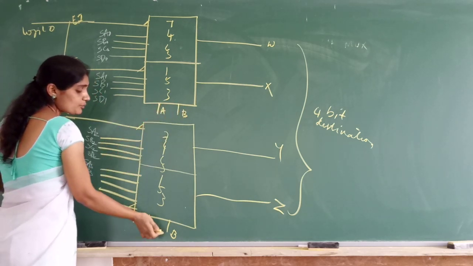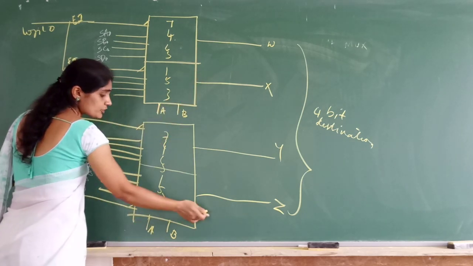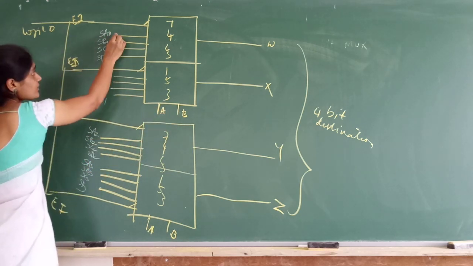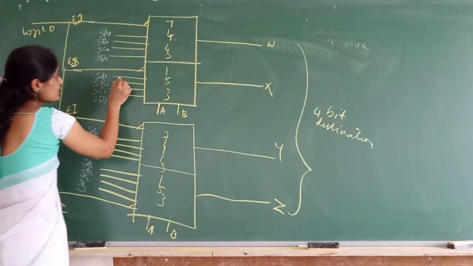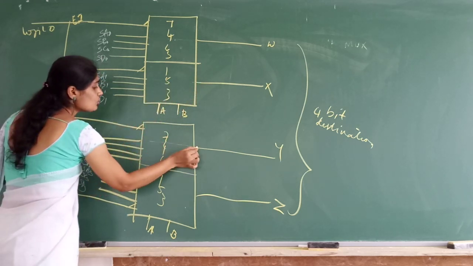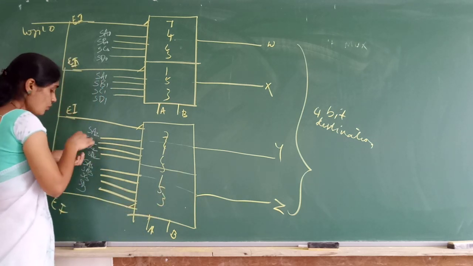If I give select input as 0, 0, I want 4 outputs. If I give select input 0, 0, what will be selected? SA0 will be selected. Here SA1 will be selected. At the same time I want SA2, SA3 selected. I want all the 4 outputs. So what is the option I have?